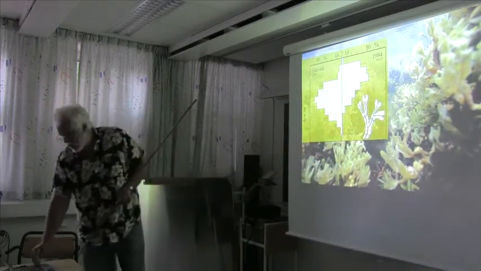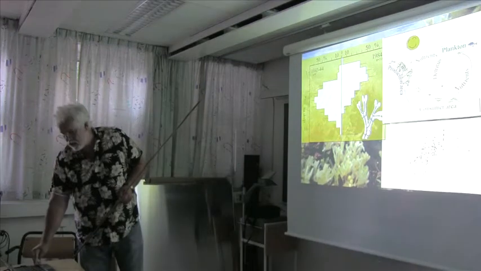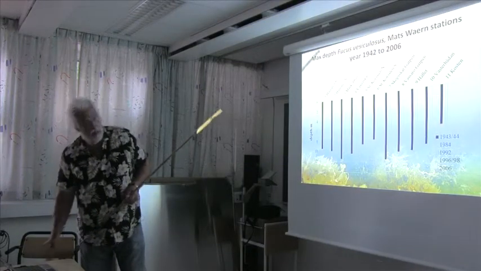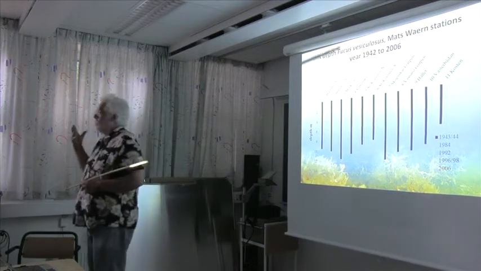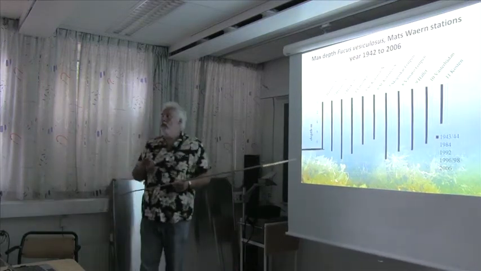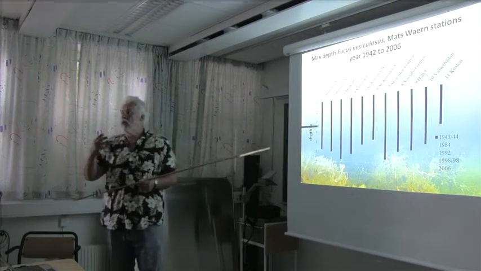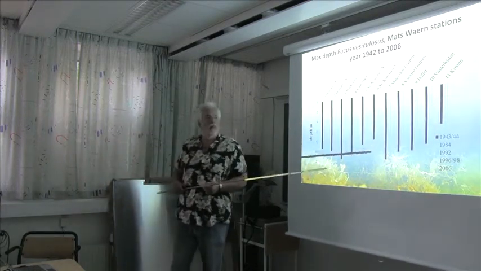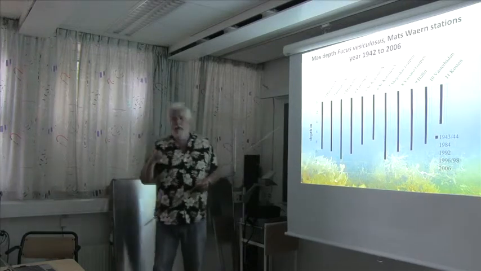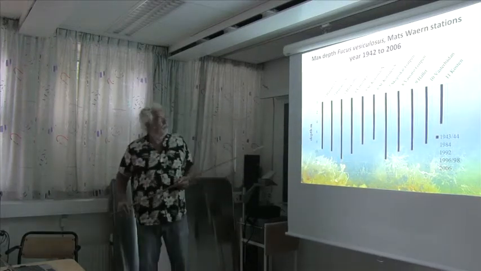This was taken as a sign of eutrophication. Eutrophication increases primary production, decreasing the light that comes down to the substrate. And this was hard proof, as we thought of it.